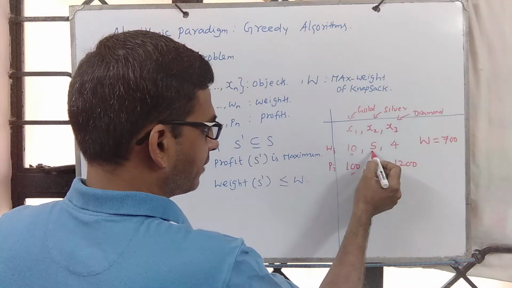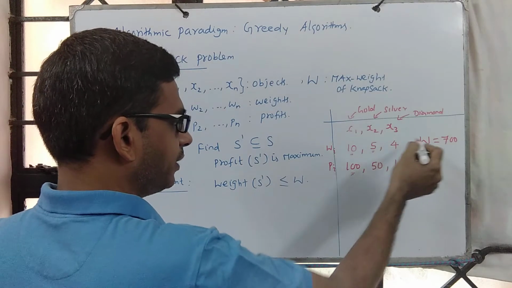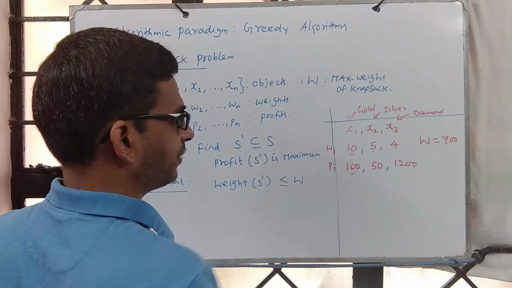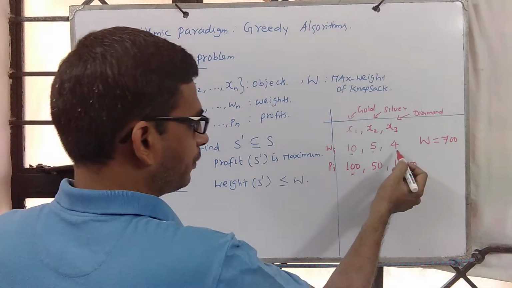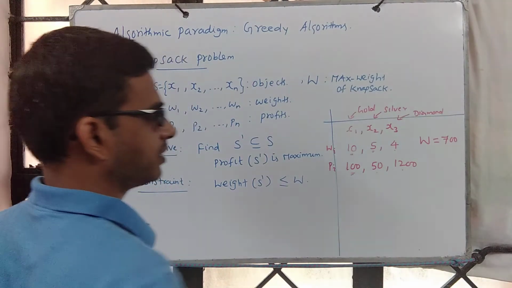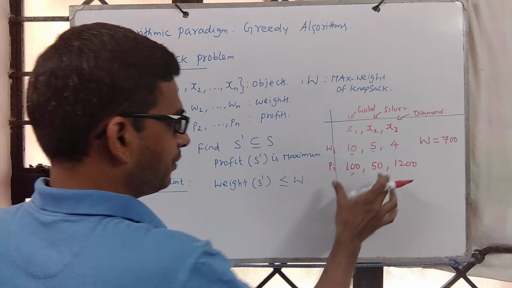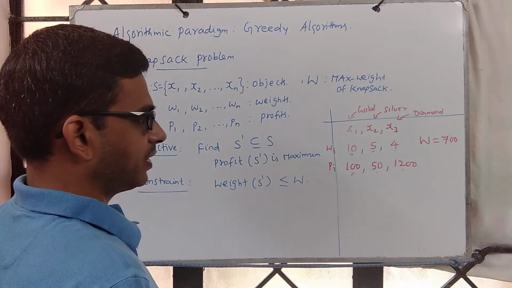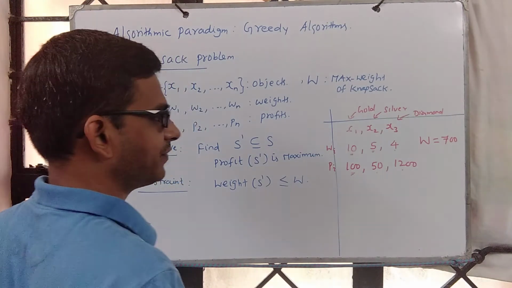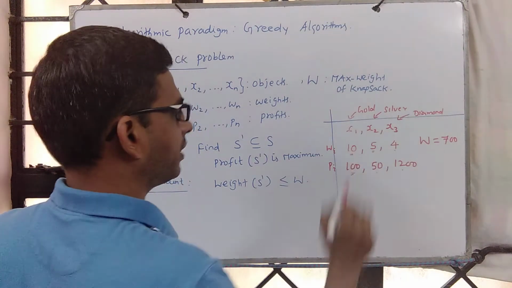If you include 5 grams of silver into the knapsack, then the profit earned is 50. If you include all of diamond, then the profit earned is 1200. Okay. Now if you look at this case, the weight of the bag is 700, I can simply include all of them.